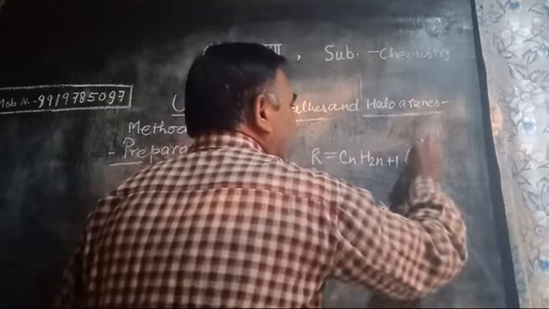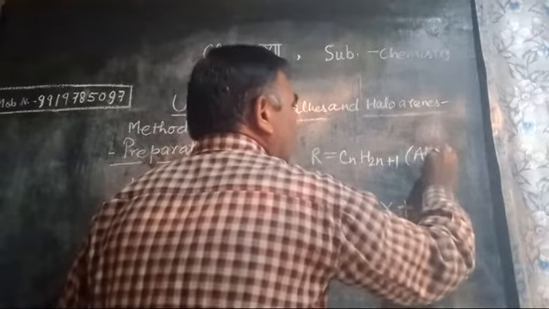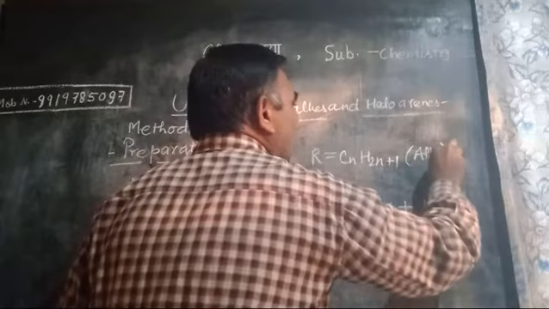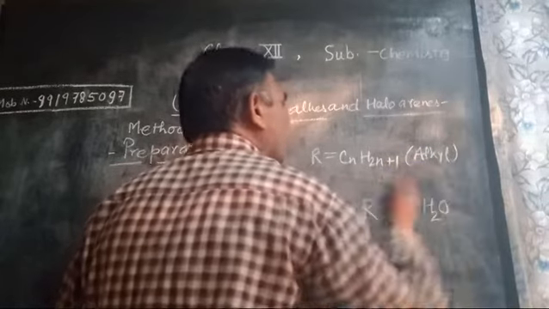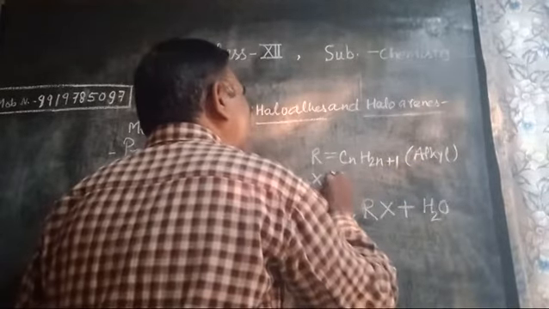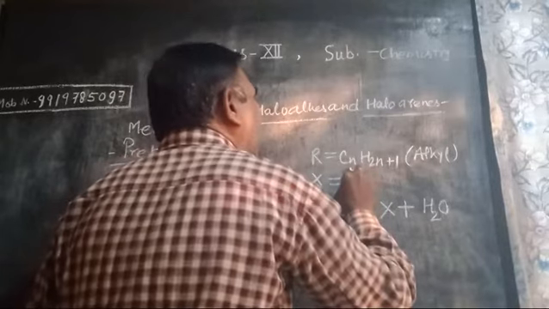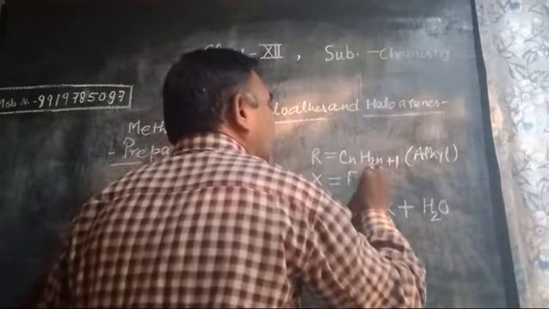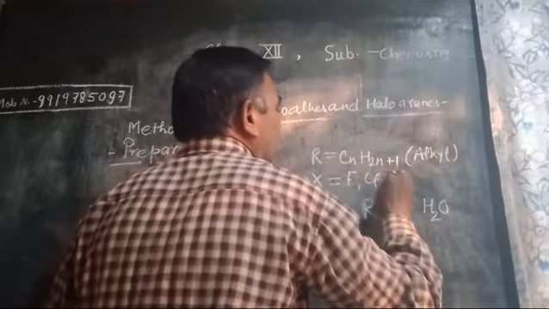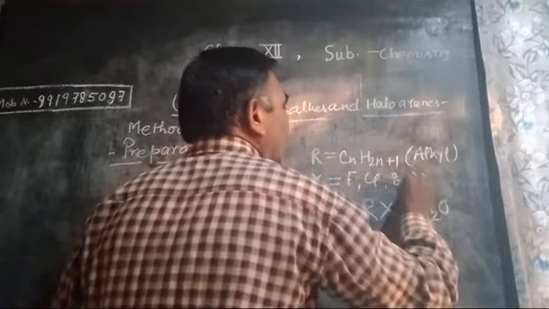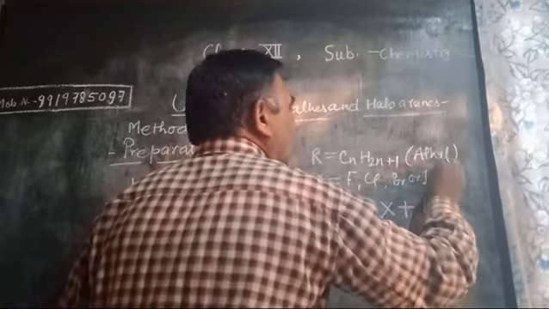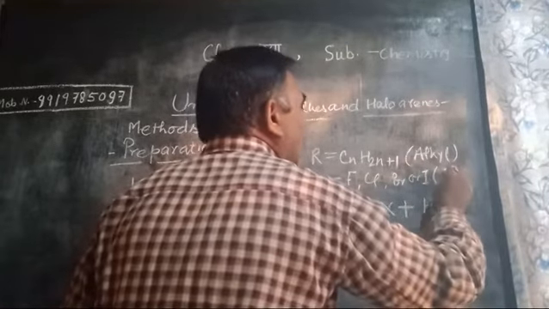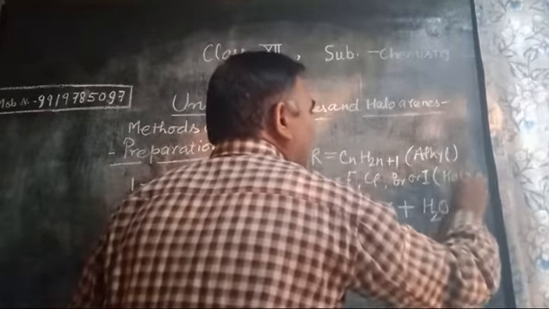It is called alkyl. X is equal to F, Cl, Br, I, jointly called halogens or halides.